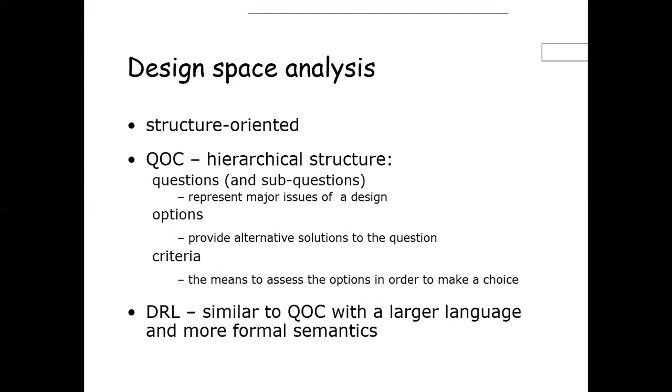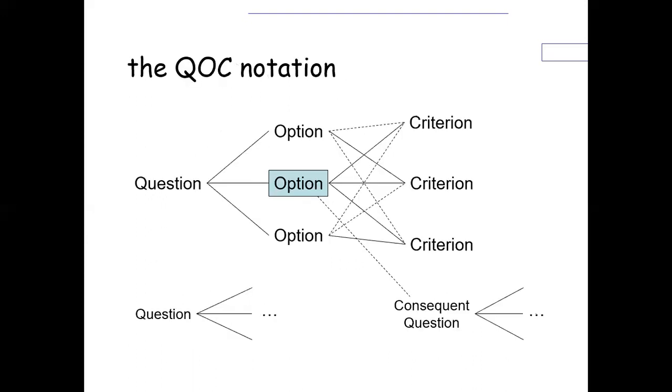In this QOC notation, which is a hierarchical structure, questions and sub-questions represent major issues of design. Options provide alternative solutions to the question. Criteria specifies the means to assess the options in order to make a choice. That detailed specification diagram is given here.